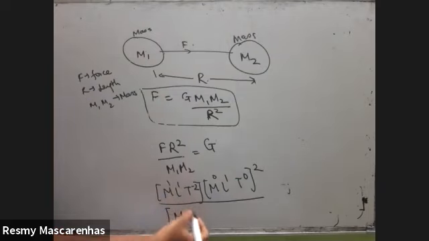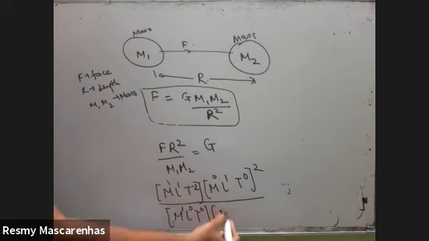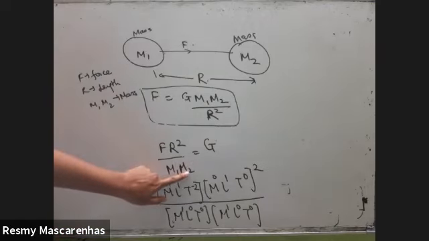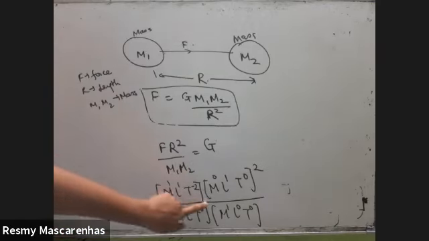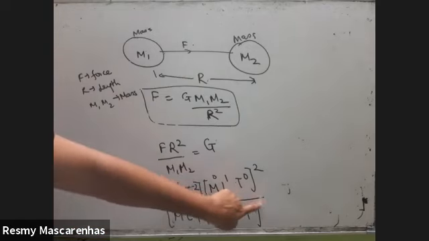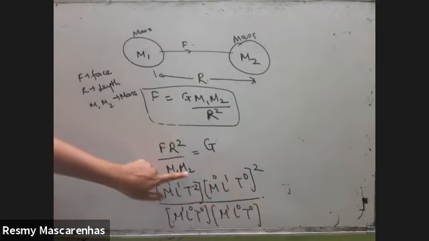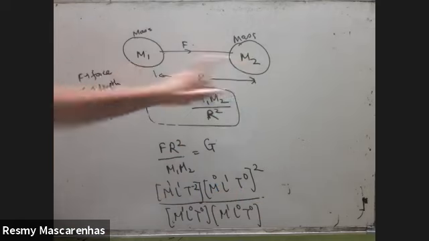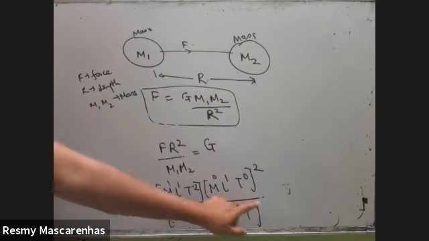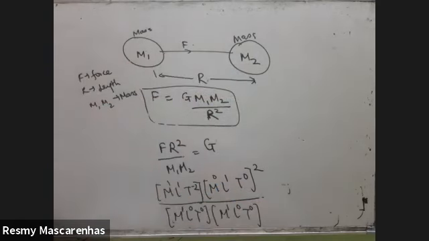M L T, the mass will be 1, the rest 0. Again M L T, mass will be 1. This 1 and 2 is a subscript, it is written down. Don't make it a power. Don't put 2 here. This is square. And this is just to indicate this is the second body and this is the first body. So don't put square here, it will go wrong. Both will have the same dimensions because this is also mass, this is also mass.